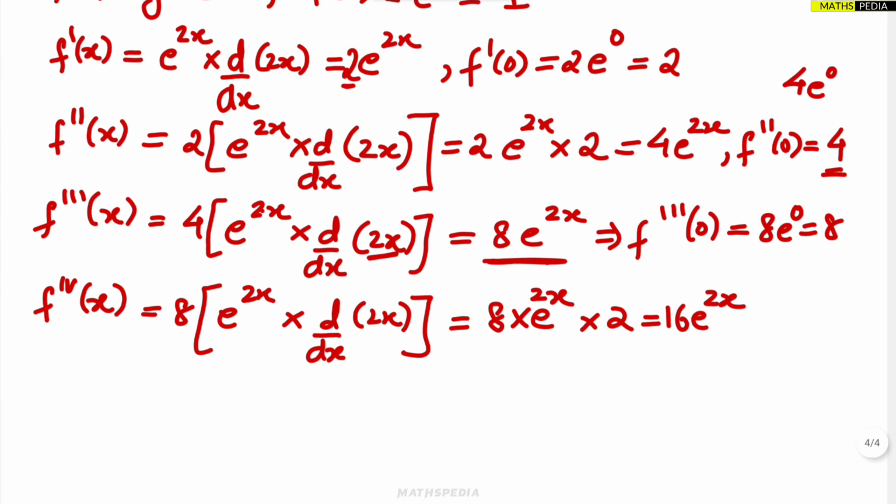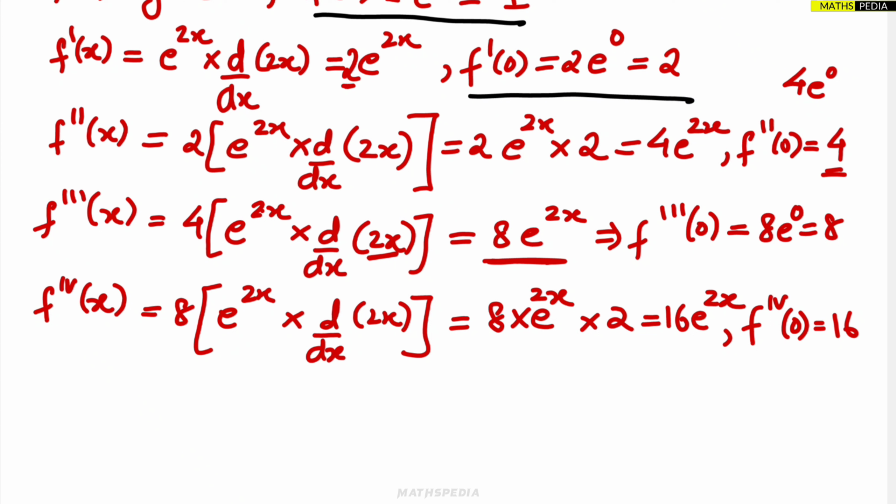Now we have to find the fourth derivative at 0. So 16 into e power 0 is 16. So we have found out till the fourth derivative. We can find further also, but we'll stop here. Now as we know, we have got all the values. We have to focus only on these values: f of 0, f dash of 0, f double dash, triple dash, fourth derivative, and so on.